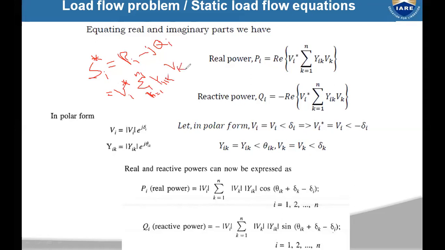So this is the previous slide equation. Si conjugate is Pi minus jQi, Vi conjugate and sigma k equal to 1 to n Yik Vk, right?